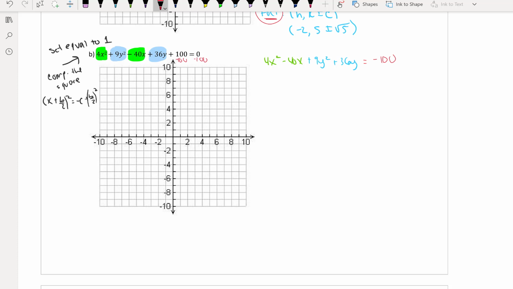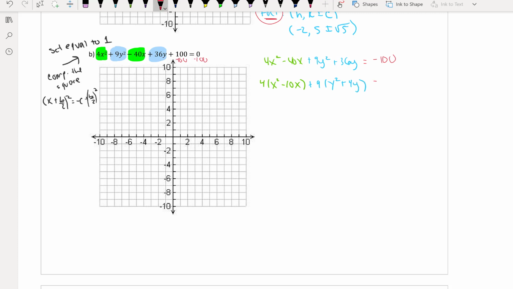Okay. So now from here, I am going to factor to help myself out when I do these problems. So for the first one, I can factor out a 4. So I have an x squared minus 10x. Over on this one, I'm going to factor out a 9, so I can have a y squared plus 4y.